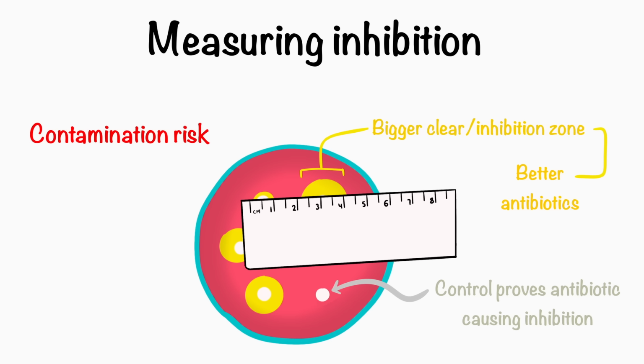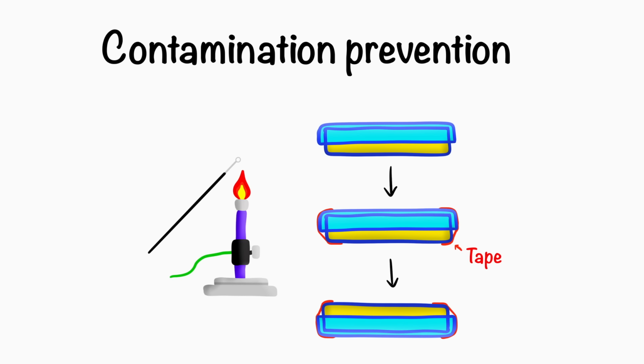When working with microorganisms, preventing contamination is crucial. Unwanted microorganisms can ruin experiments and potentially cause harm. Here are three key steps scientists take to maintain uncontaminated cultures. First, they sterilize inoculating loops by passing them through a flame before transferring bacteria.